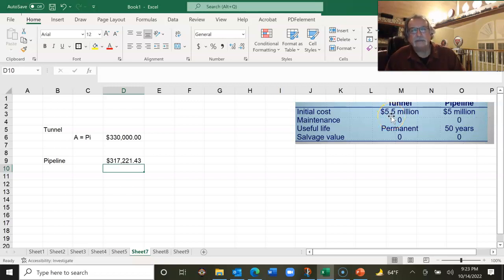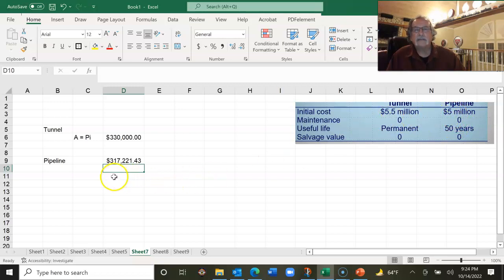That's not intuitive. And I would say it's highly likely that the $5 million in 50 years is going to be a lot greater.